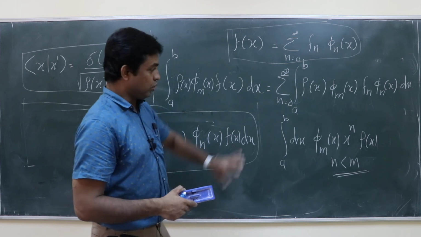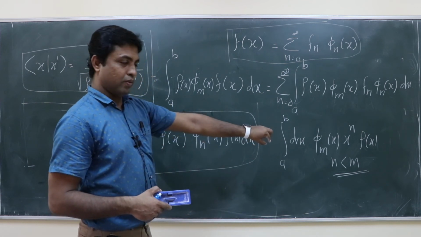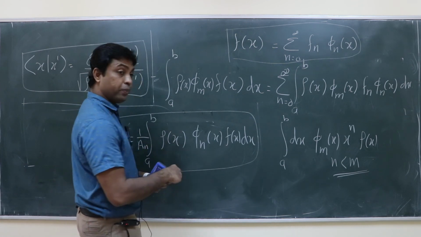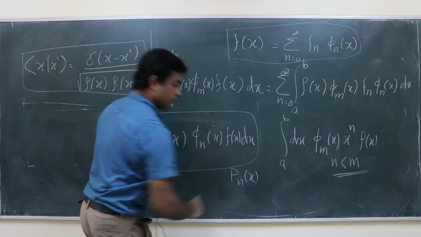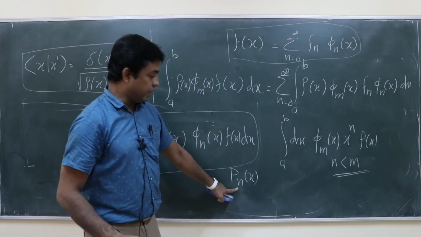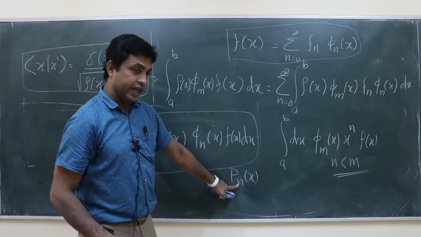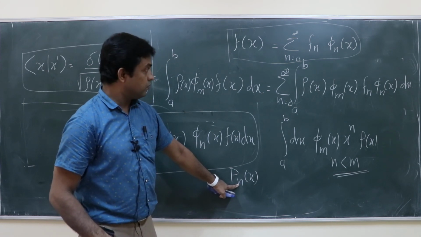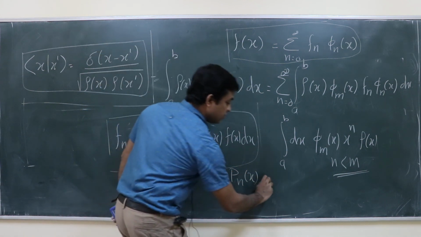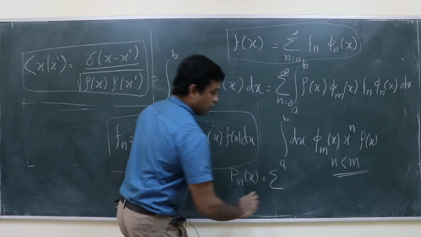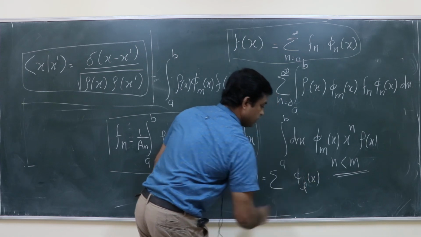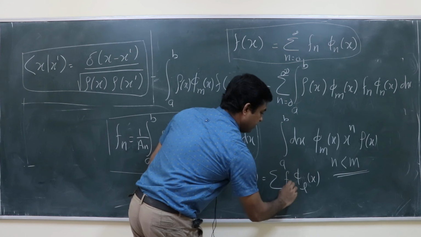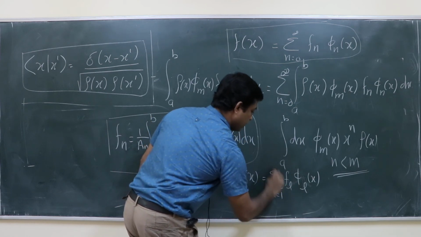So this is one special case. Any polynomial, you take any polynomial p n of x, can be written in terms of the polynomials phi l of x, with some coefficients f l, where l goes from 1 to n.